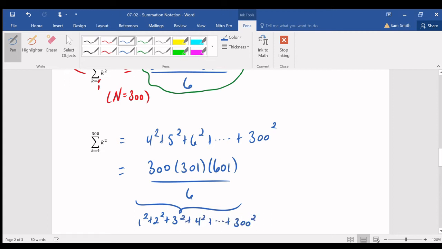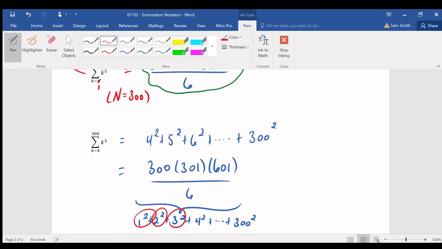But notice something. This sum, starting at k equals 1, can be adjusted to start at k equals 4 by just subtracting off the 3 extra values that appear in the front.